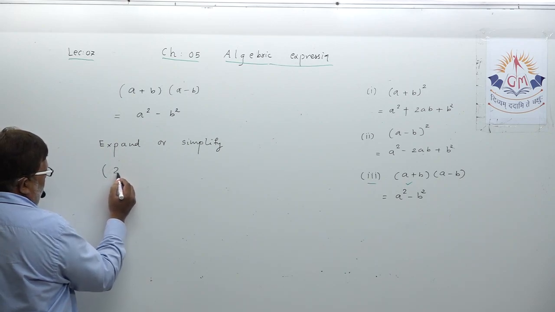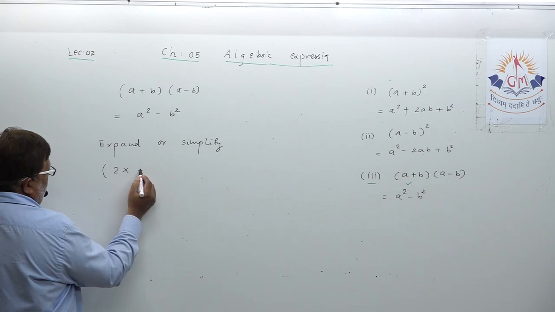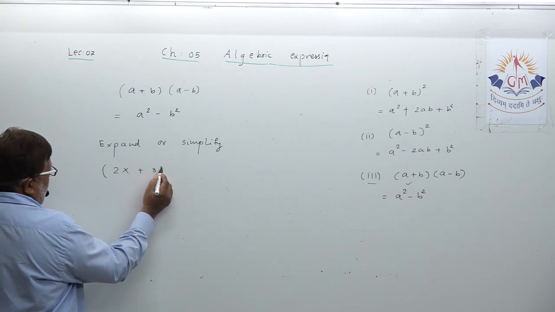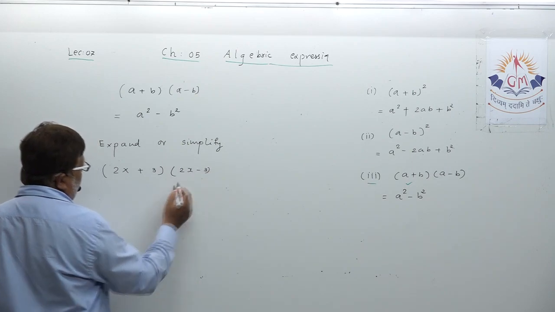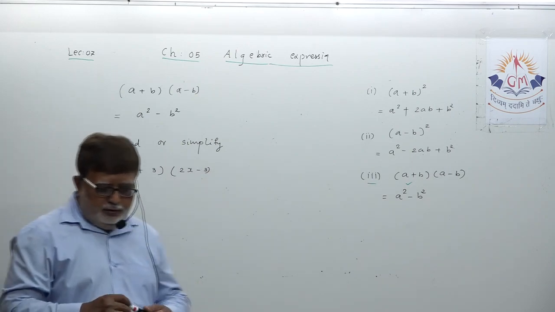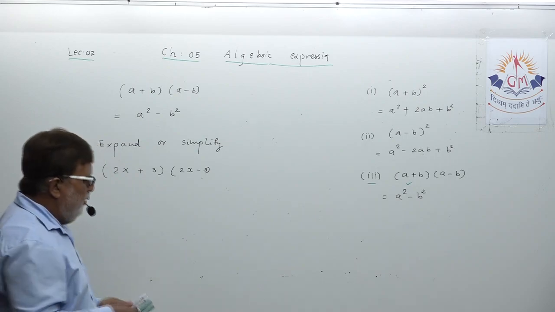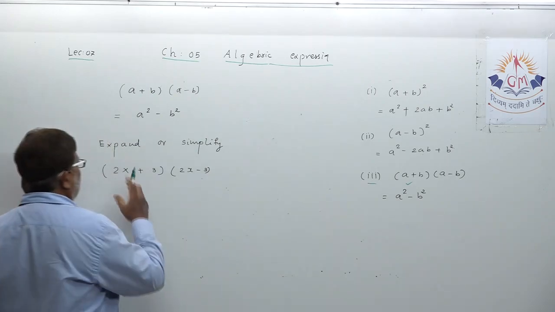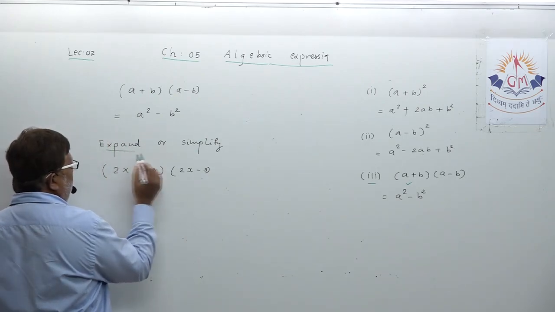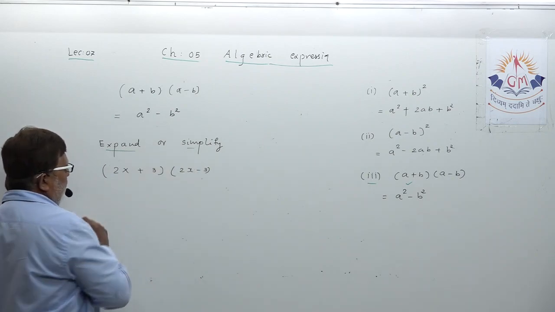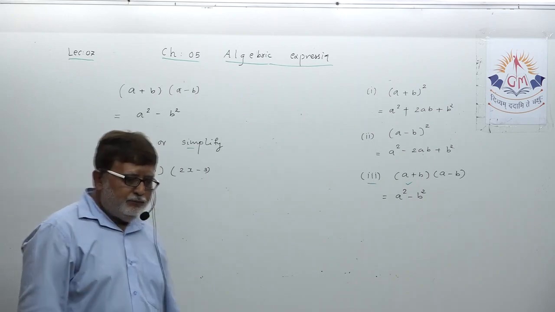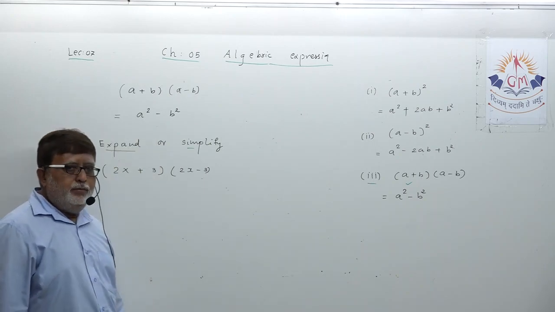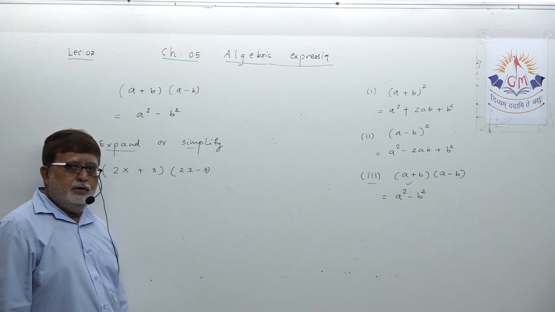Suppose 2x plus 3 into 2x minus 3. Suppose this is the example you are given to solve. It is written expand or simplify, and this example is given: 2x plus 3 into another bracket 2x minus 3.